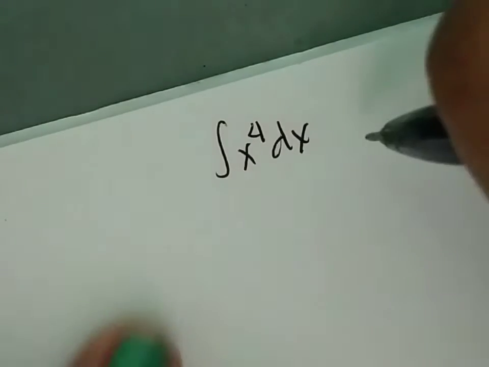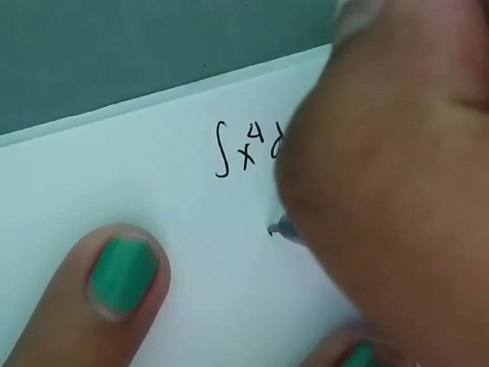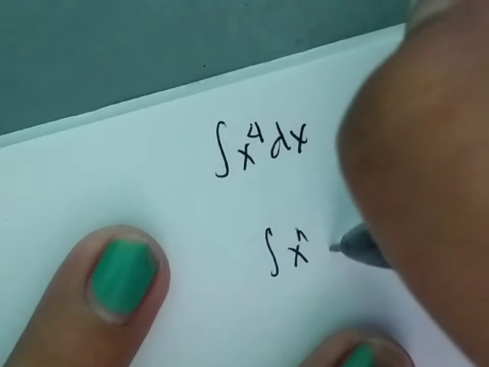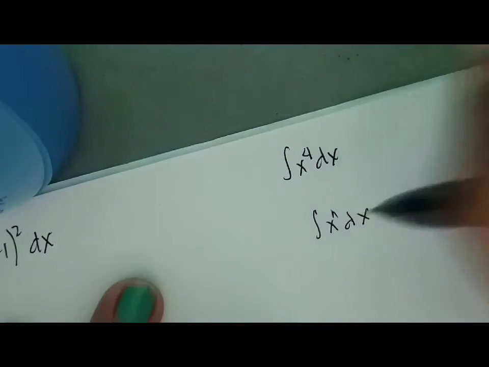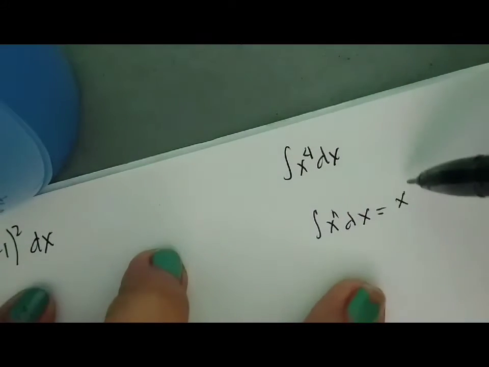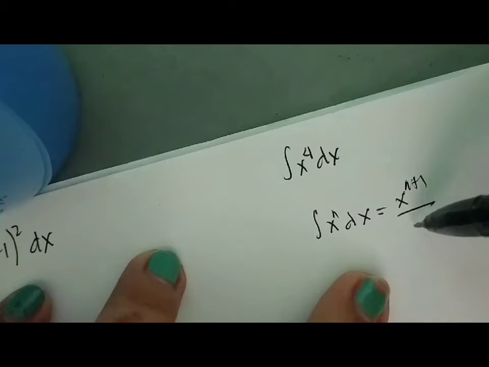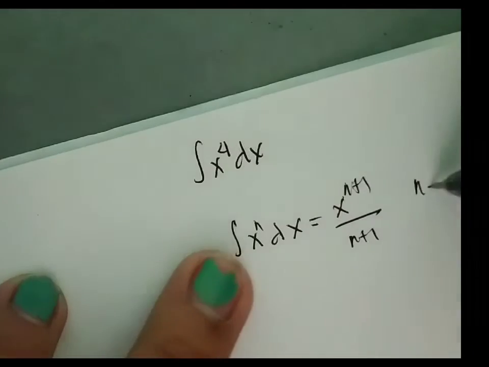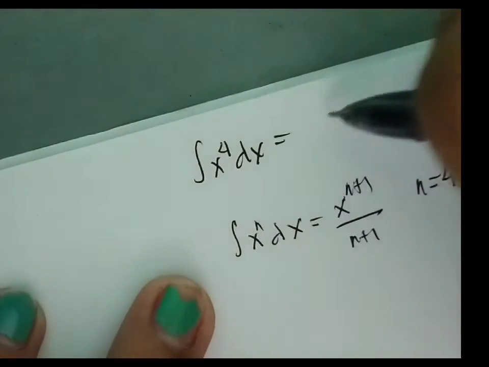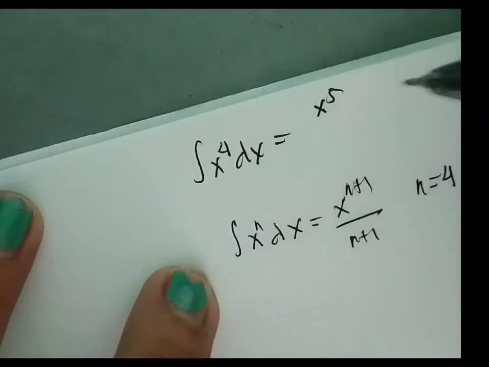Now let us solve first the integral x to the fourth dx. Let us apply the power rule. Integral x raised to n dx is equal to x raised to n plus 1 over n plus 1, with n equal to 4. So it becomes x to the fifth over 5.